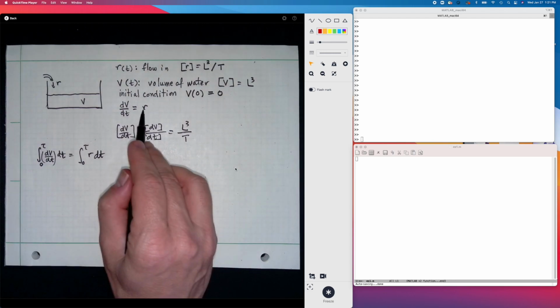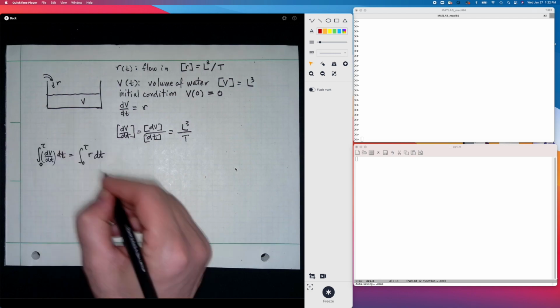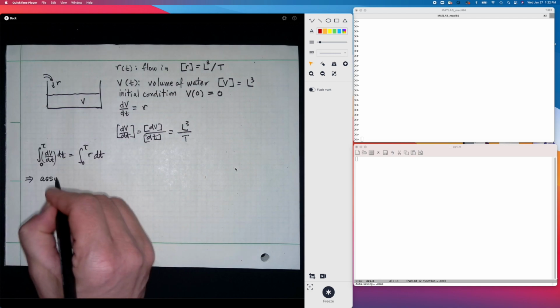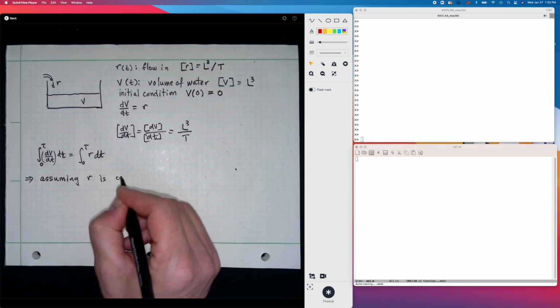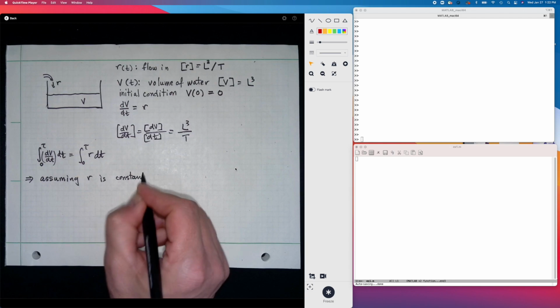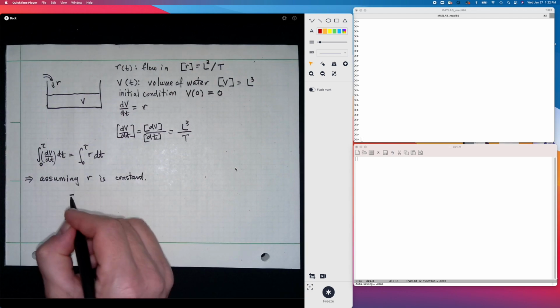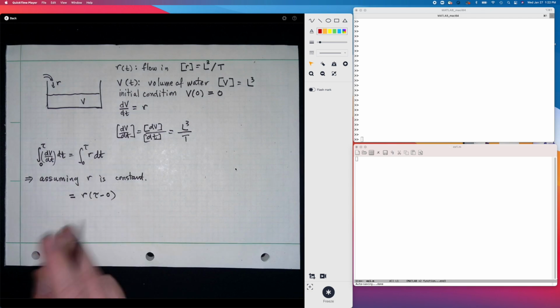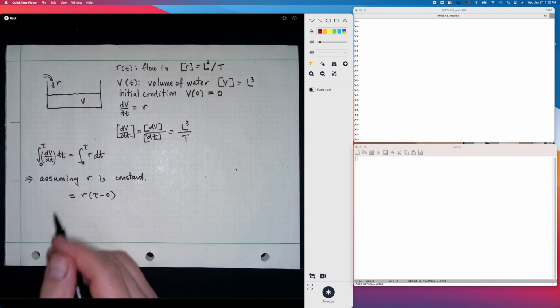And if we assume that R is constant, just to make our life easy, then the right-hand side is just R times tau minus 0, and the left-hand side, if we're integrating the derivative, we just get back the original function.